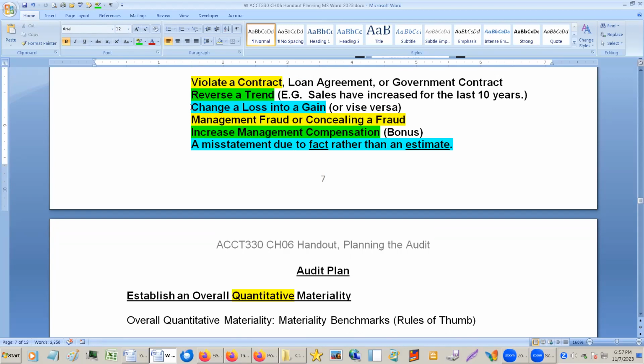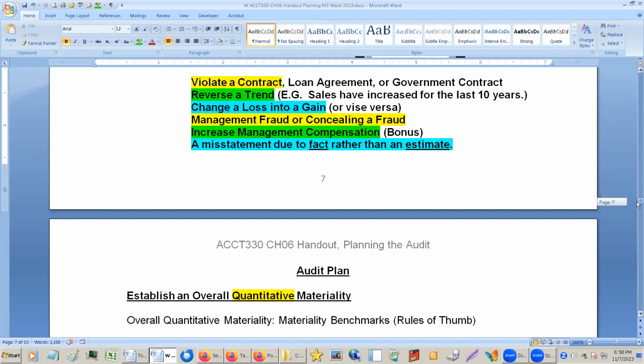So anyway, it does. This is a reversing of a trend. It could be that it's not income anymore. They maybe had income every year, but certainly this one, changing a loss to a gain or vice versa. In this case, changing a gain to a loss would be also there.